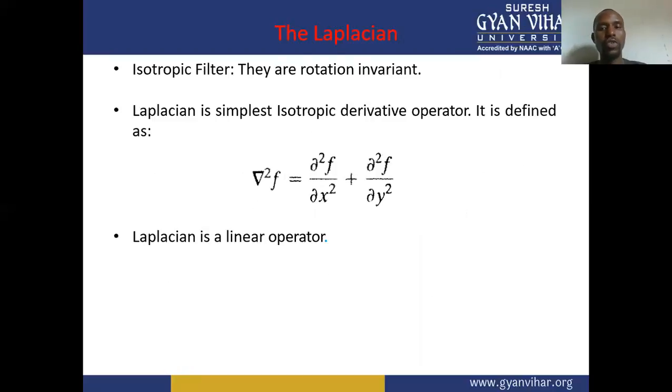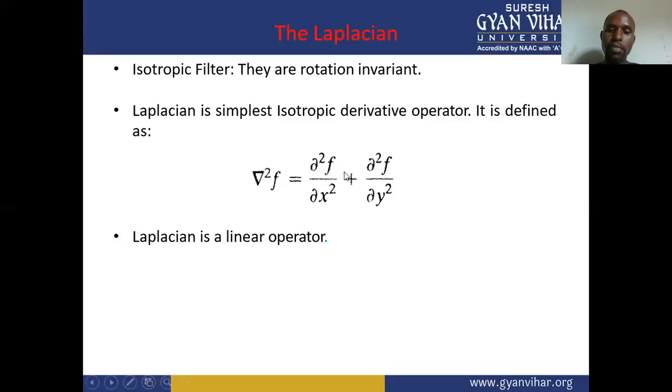Next thing that you're going to look at is known as the Laplacian. The Laplacian is basically the combination of the differentiation derivatives. In simplest form, the Laplacian is the combination of the second derivative in both the x-axis and y-axis.